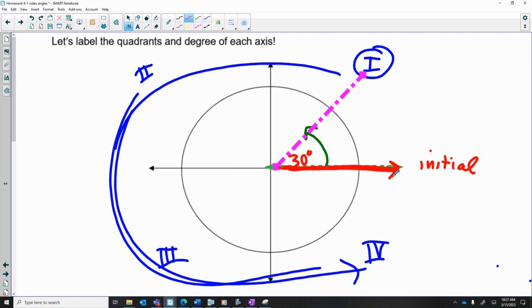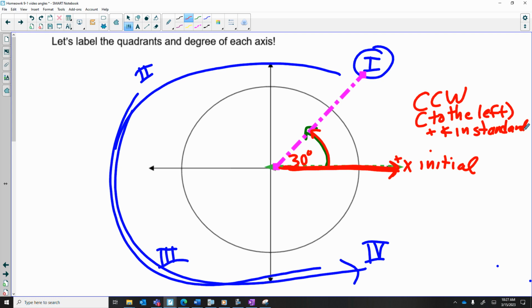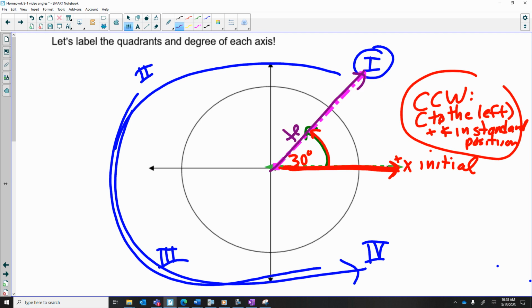So if an angle starts on the positive side of the x-axis and it rotates counterclockwise or to the left, it is considered a positive angle in standard position. Okay, so this angle ends in quadrant 1. This is called the terminal side. So starting is initial, ending, terminal.